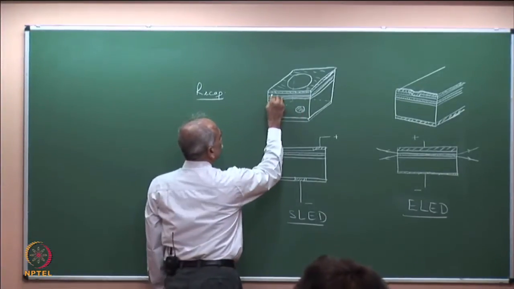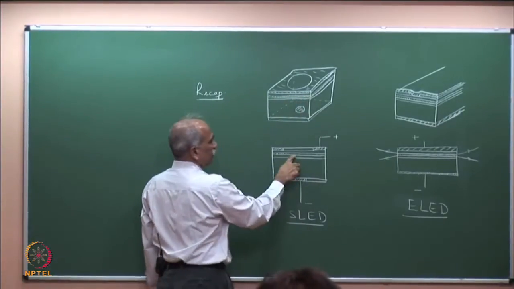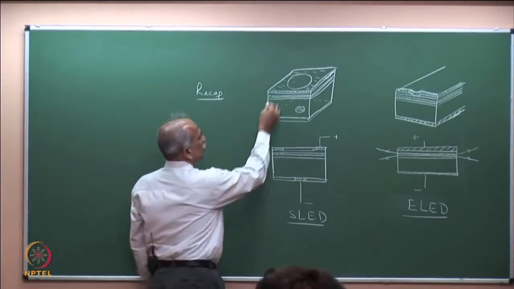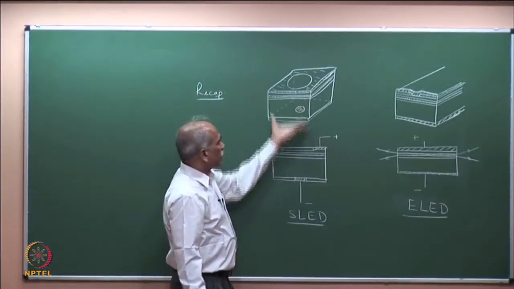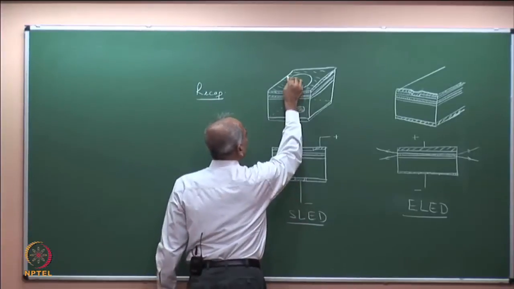The dotted region here is the active region, everywhere the dotted region is the active region, and the shaded region is the metallic electrode. What is shown here is a cross section.